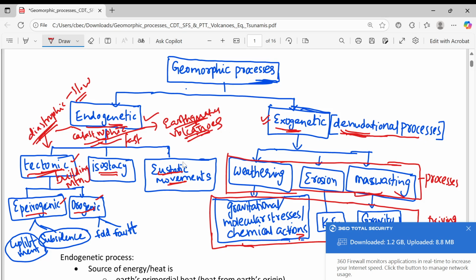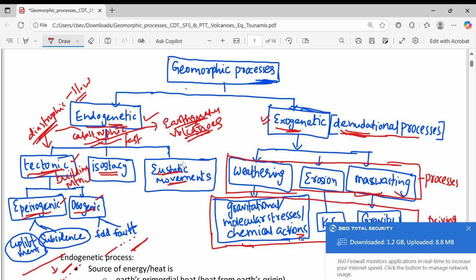We will discuss what is orogenic. Epirogenic means, for example, this is the land. One part keeps here, one part is lifting. This is upliftment. There is subsidence also. Some part is going down. That is epirogenic. Epirogenic means continent building.